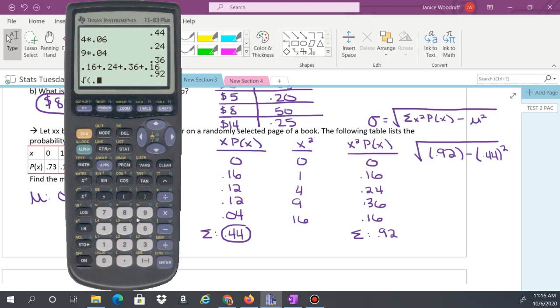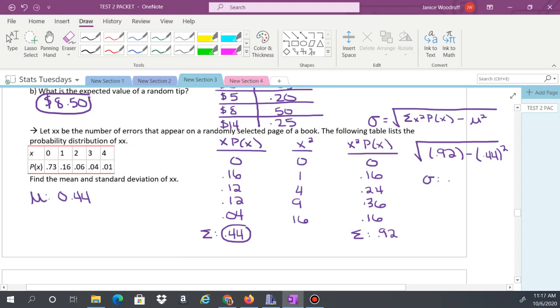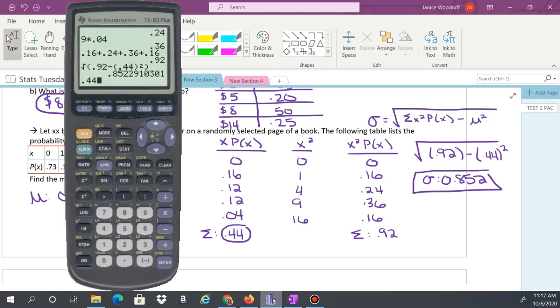So 0.92 minus 0.44 squared, and then close that. We get 0.852. Or if you like to do it one by one, I would just go 0.44 squared, then 0.92 minus 0.1936, and then take the square root of that number. You should still get the same thing.